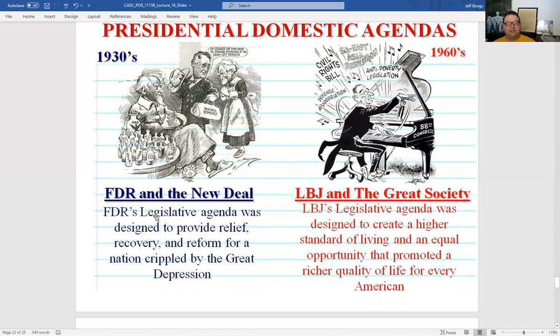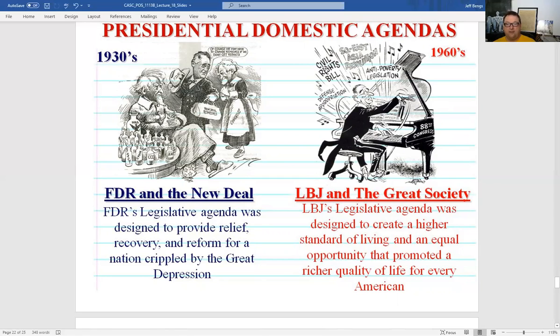So this one basically is a response to a very critical crisis, the Great Depression. LBJ and his Great Society came during the Civil Rights era. It wasn't John F. Kennedy who got it passed, but LBJ.